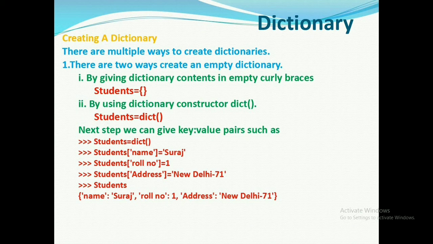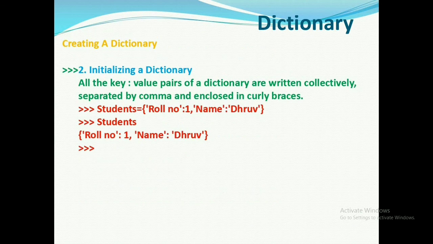If you want to see the dictionary, then you simply write the name of the dictionary and press enter, and you can see the result. It has key and value pairs. To initialize a dictionary, all the key value pairs are written collectively, separated by comma and enclosed in curly braces.